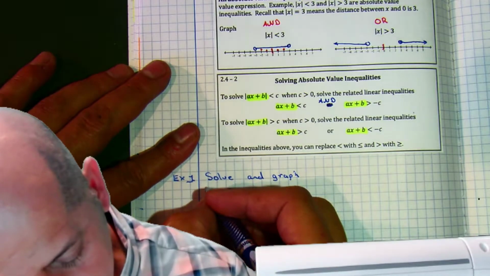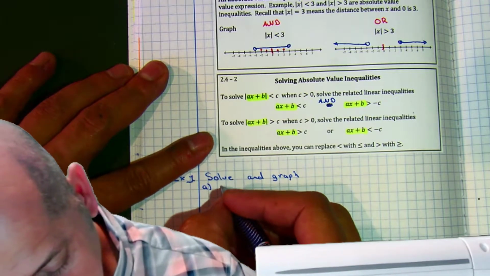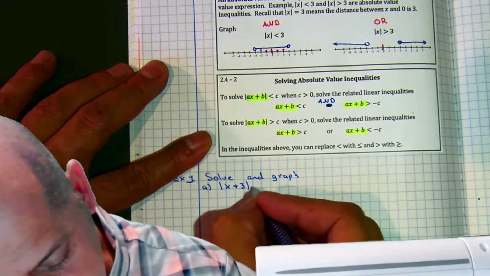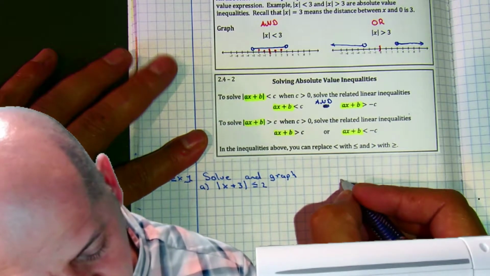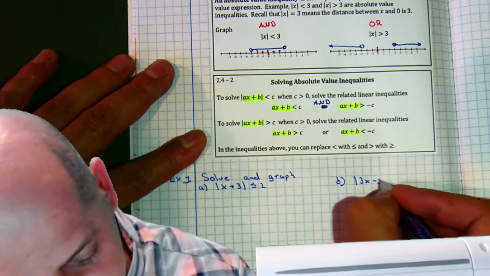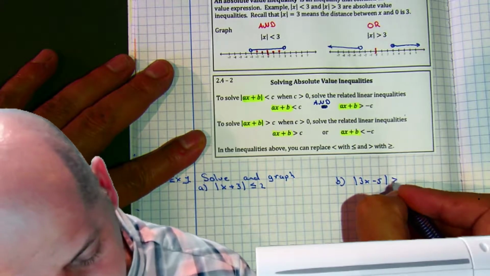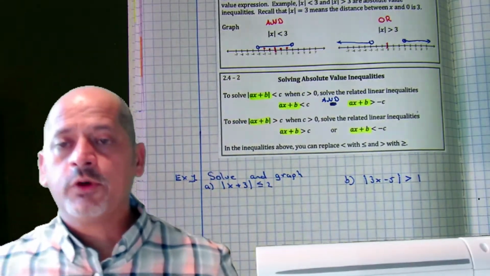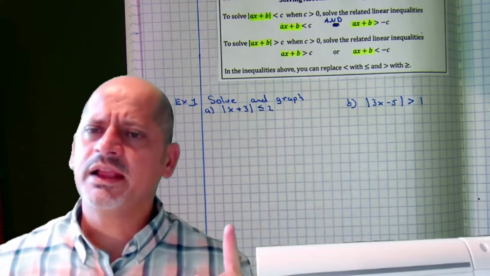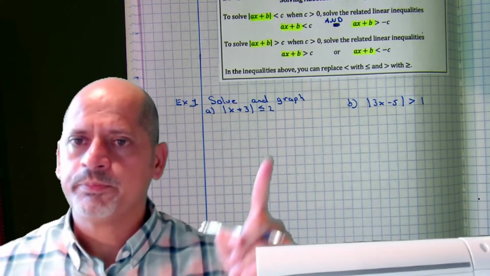A: the absolute value of x plus 3 is less than or equal to 2. And B: the absolute value of 3x minus 5 is greater than 1. So before we actually start to solve it, we need to decide, is this going to be an AND or an OR?